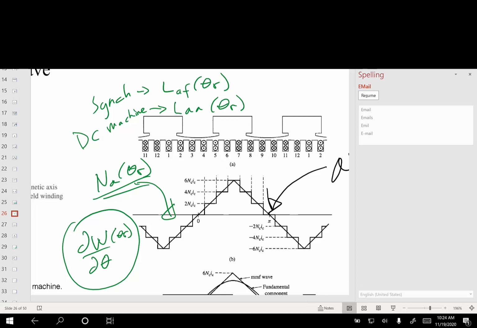That's because the current is shifting directions every time it passes by a commutator segment. So it's really at these points where the brushes make the change in current flip. And I don't know, it's not a great answer, but it's a complicated thing. I'm going to show you an animation at the beginning of class next time that might make this a little clearer. Does that help, kind of?